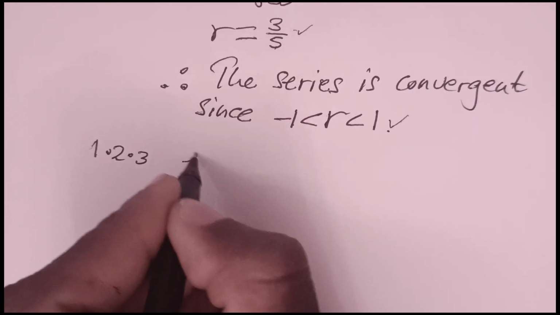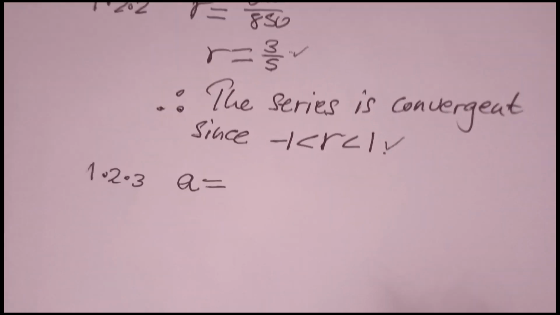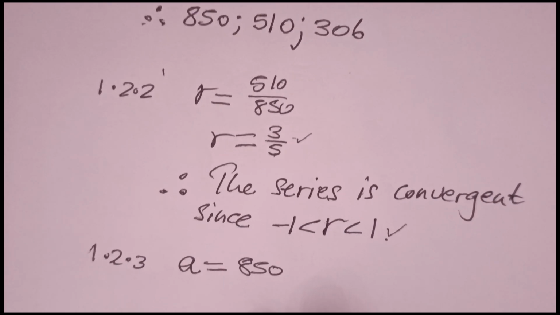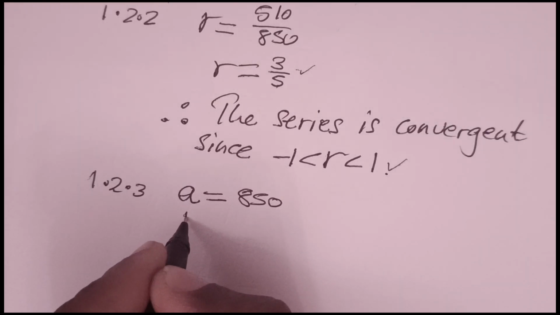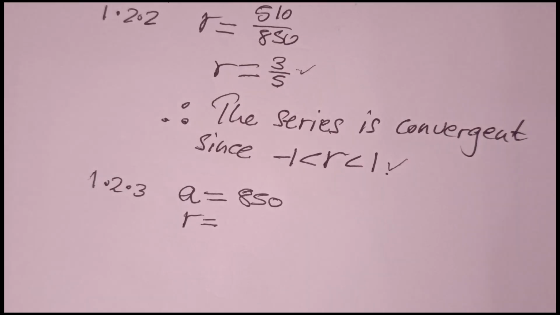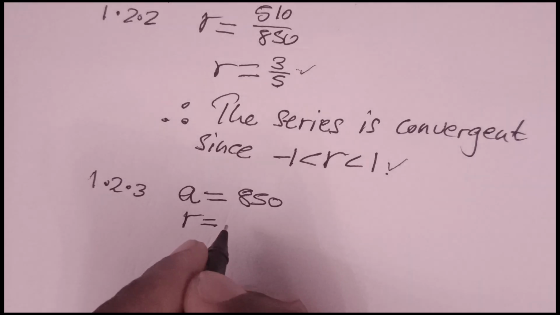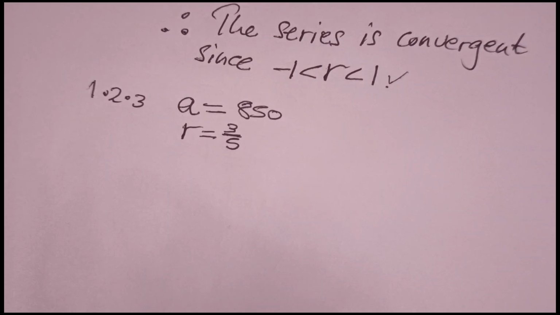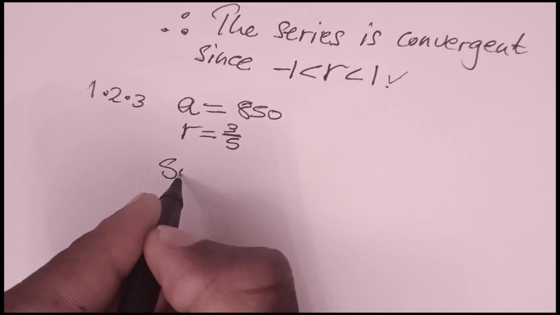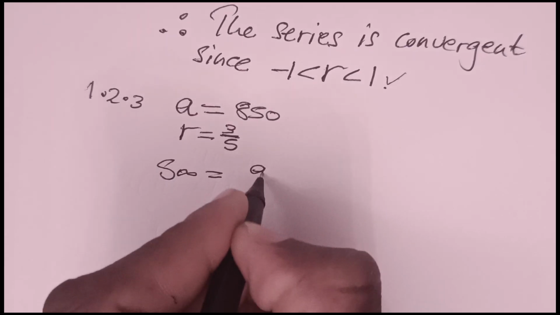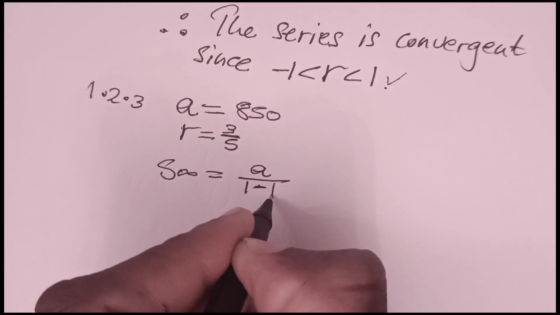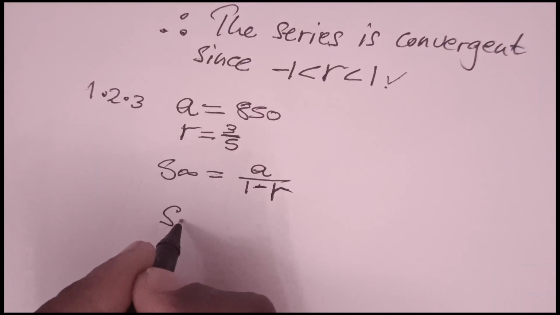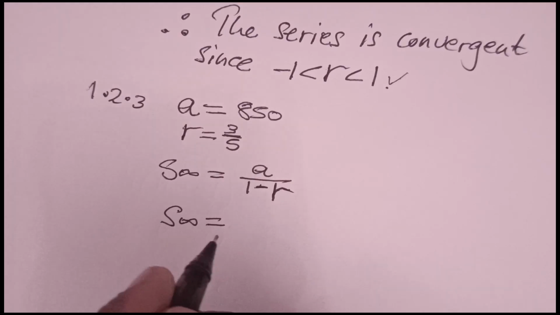Already from the series, we know that A is 850. We have also confirmed that the constant ratio is 3 over 5. The formula for the sum to infinity is A over 1 minus R. Let's do the substitution now.